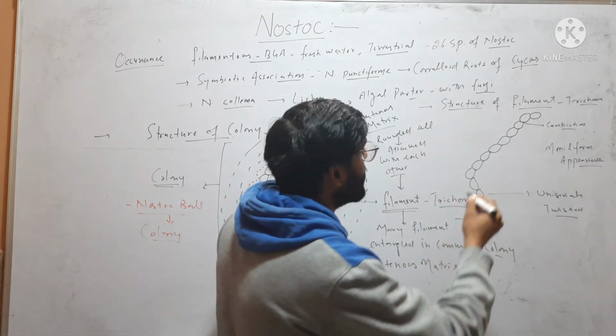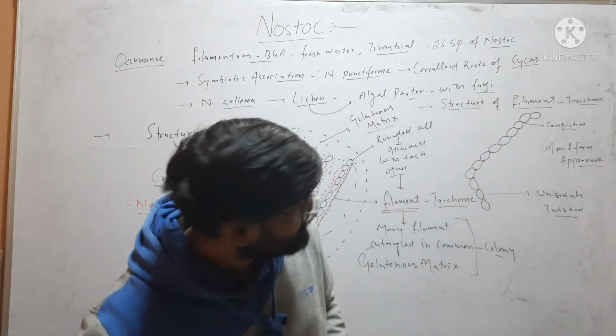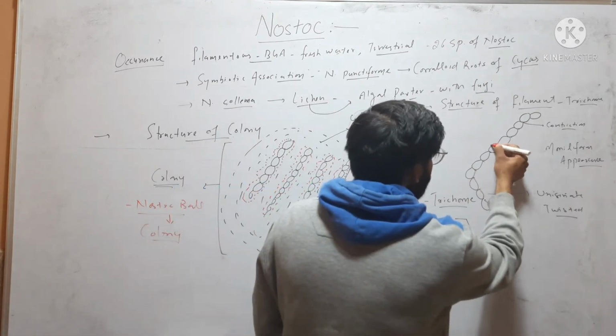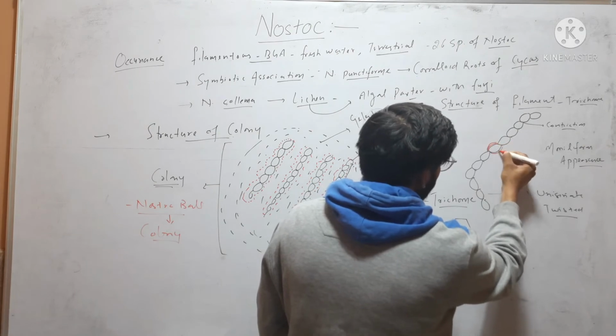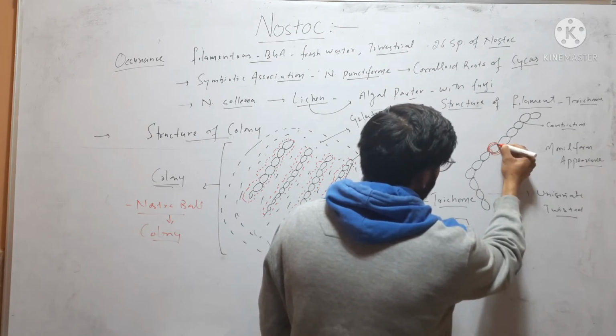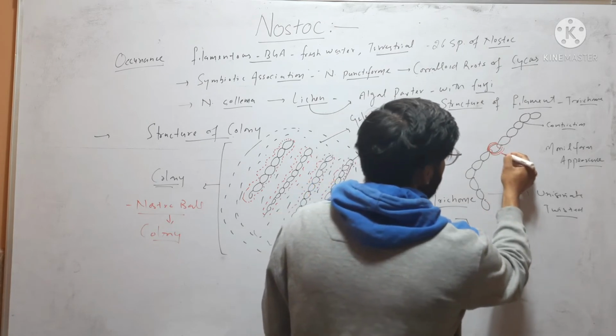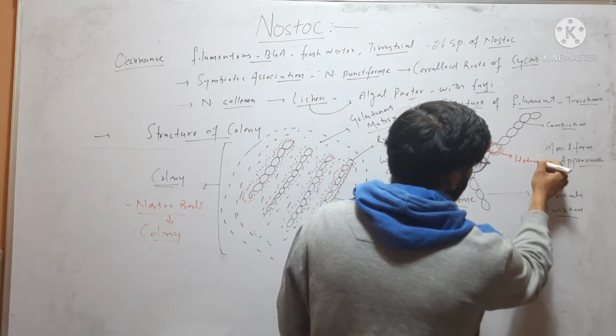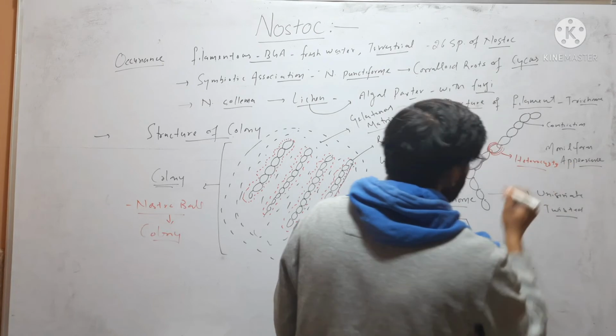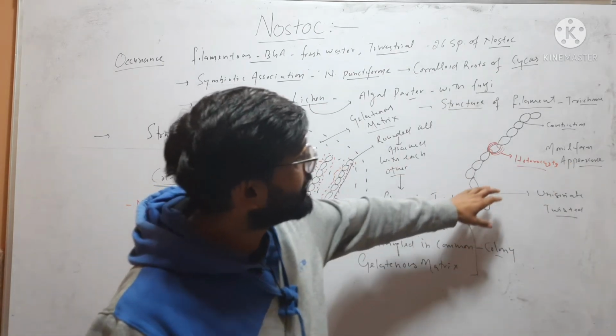Inside this filament there are some thick-walled, pale yellow colored cells. These are called heterocysts, present in the intercalary position.